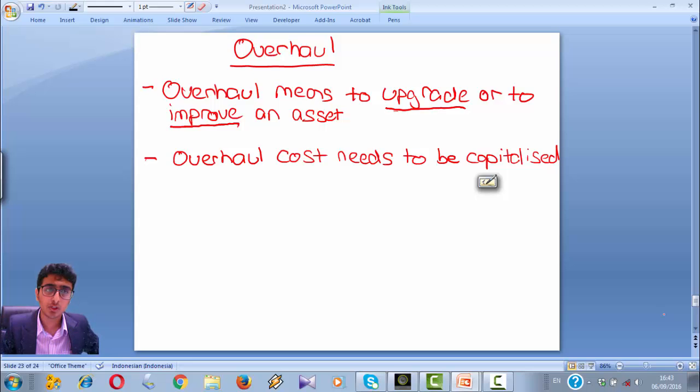So should we capitalize it then or do we capitalize it now? Overhaul cost needs to be capitalized now. Why? Because we can already foresee the expense. Let us illustrate this with an example.